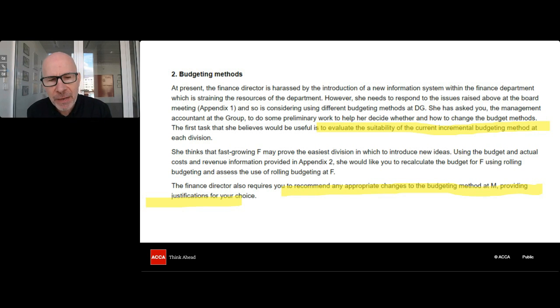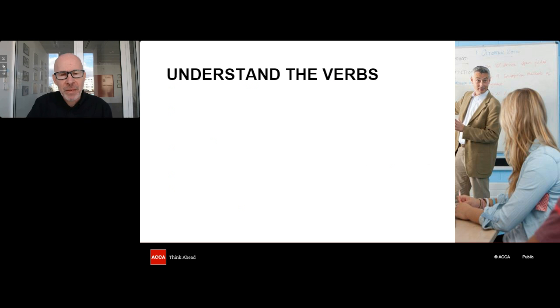Guys, if you can find those two verbs and you can execute the task as requested by the CEO or the finance director, you're going to score technical marks and professional marks. That is the first tip: find and execute on the embedded tasks.